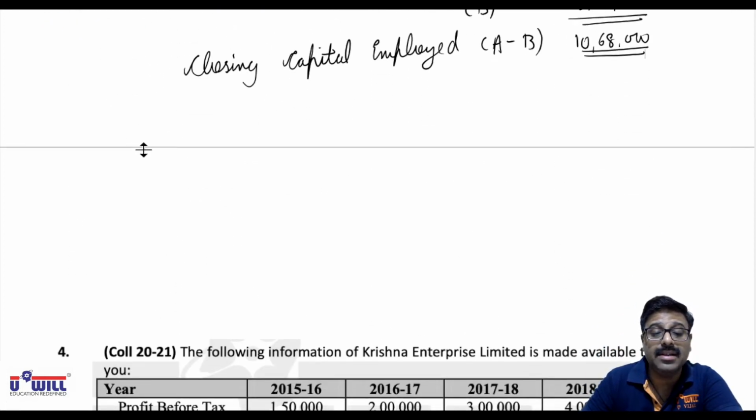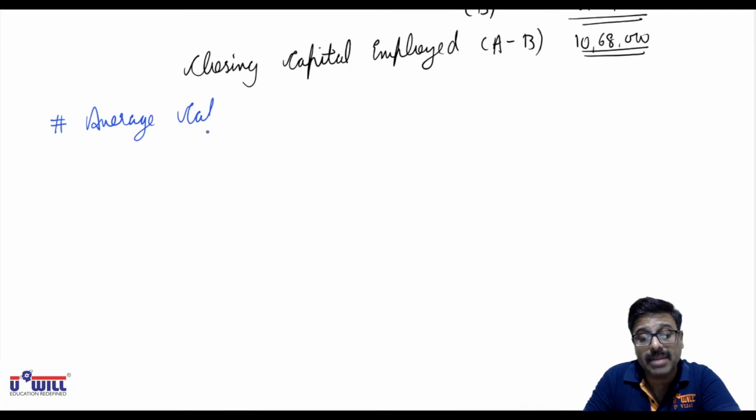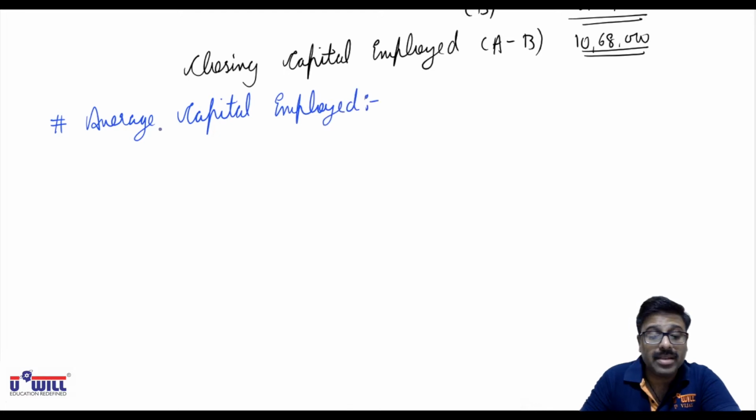Now after that we have to find average capital employed by three different methods. So all of you give the heading average capital employed. First what we obtained was closing capital employed. Now what we have to find is average capital employed. Three formulas we have studied to find average capital employed.